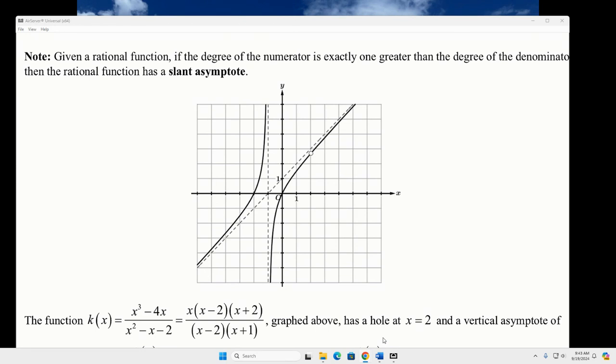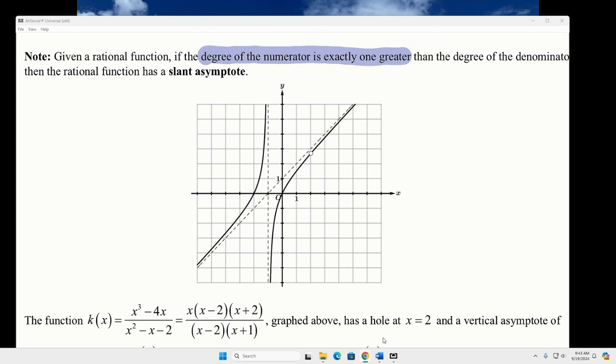Sometimes a rational function has a slant asymptote, and this is what it looks like. It's a slanted line that the graph will approach as you go to the right and as you go to the left. For a slant asymptote, the degree of the numerator has to be exactly 1 greater than the degree of the denominator.